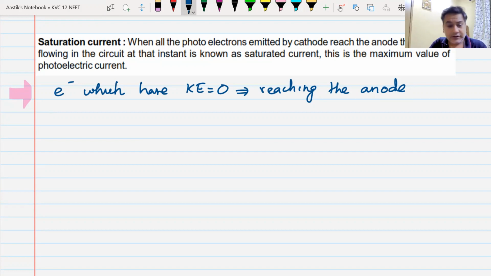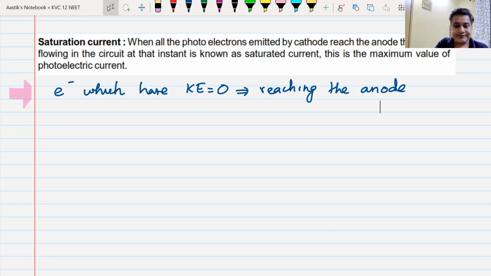So there are points that we had noted here and we'll note them again. Saturation current is the maximum current that flows, and it happens at one voltage, and at that given value of voltage, after that current will not change because all the electrons that are emitted are reaching the anode.